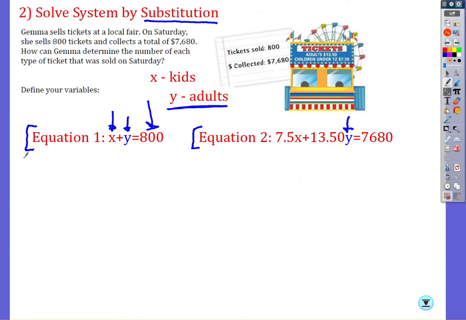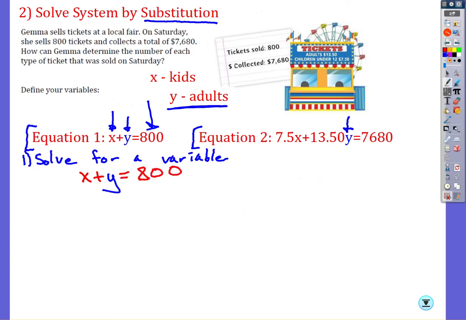So step 1, we're just going to solve for a variable. So over here, I'll do this kind of slowly. So also keep it color-coded. So we've got x plus y, and that is equal to 800.